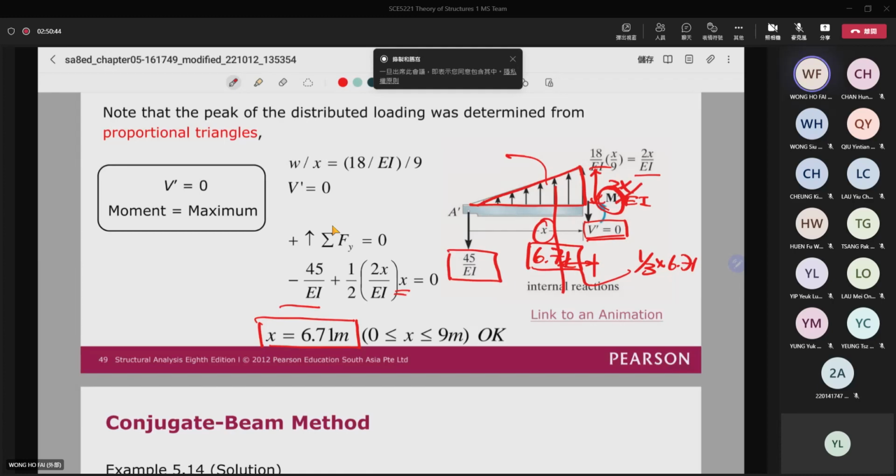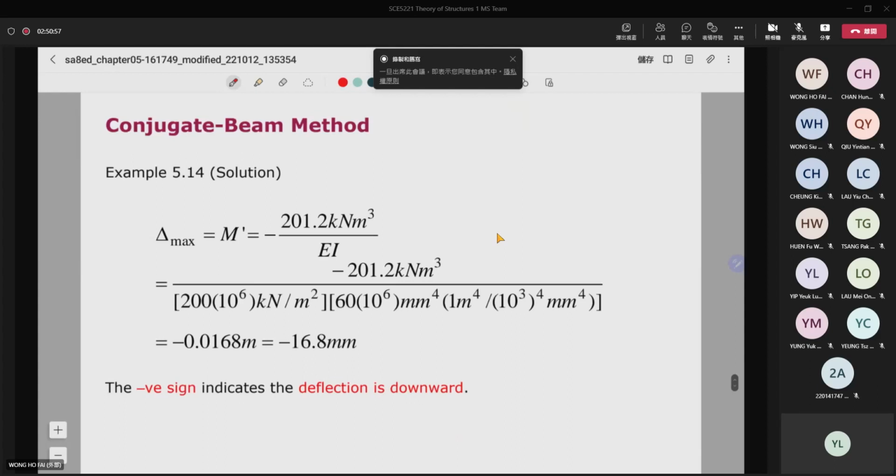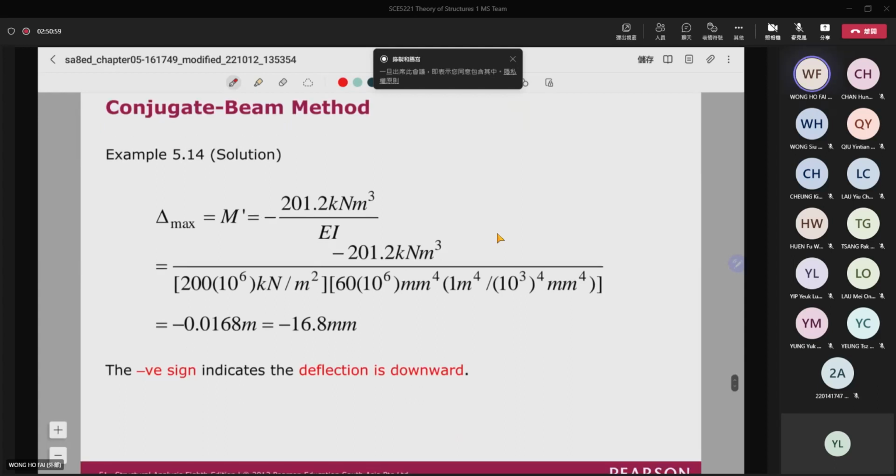And then from this equation, you can find the maximum moment. And then you can find that the moment is 201.2 over EI.